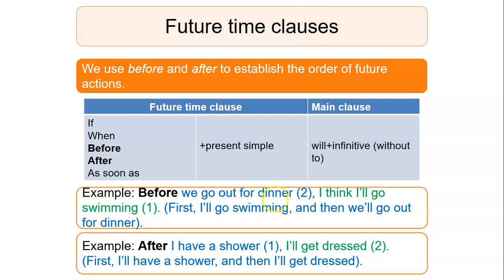Okay, with after it's the other way round, right? So after I have a shower, that's the first action chronologically, in time. I'll get dressed. That's the second action in time. So first I'll have a shower and then I'll get dressed.